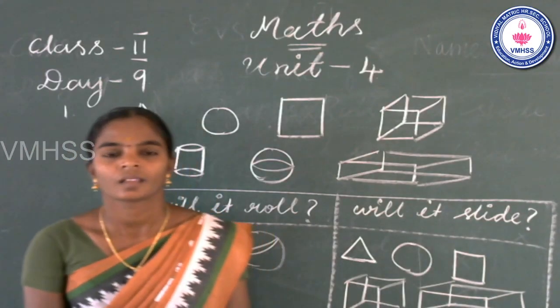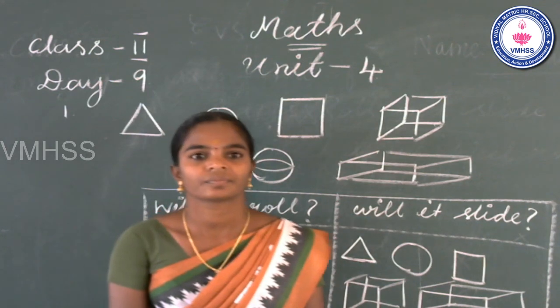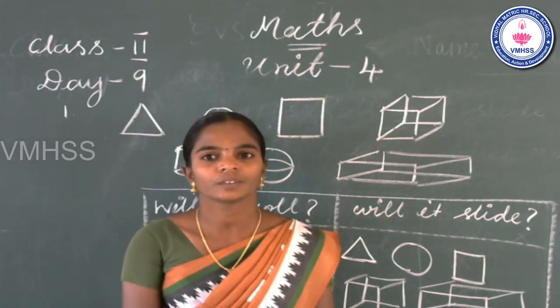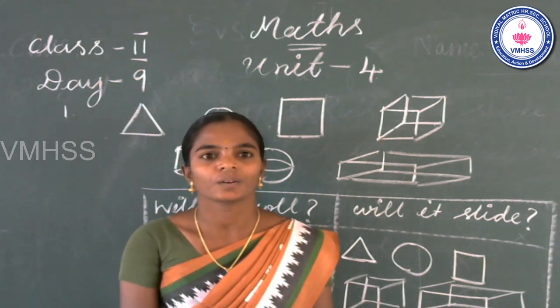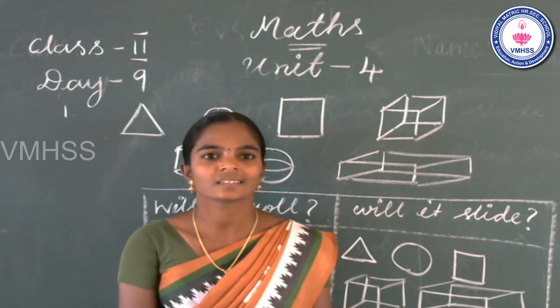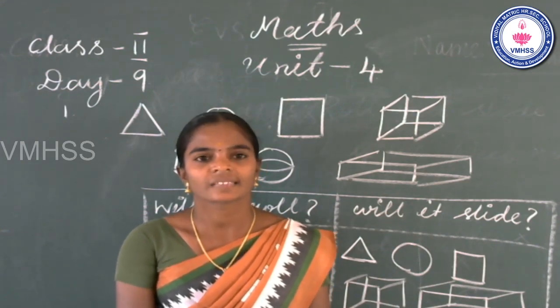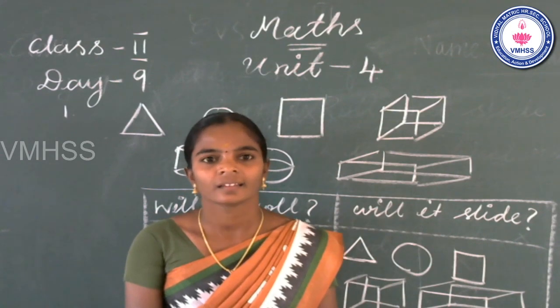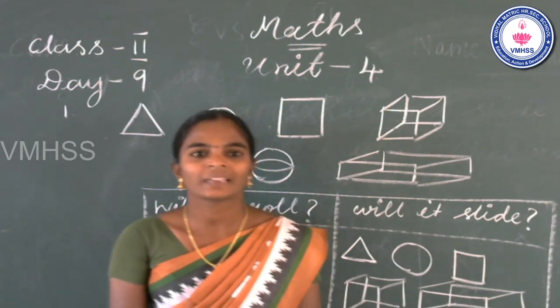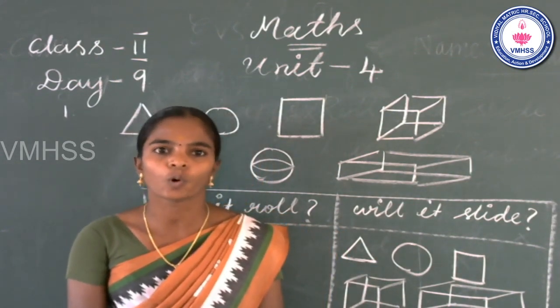Students, what did we learn today? Very good. Shapes, roll and slide. Children, rolling means turning over and over.